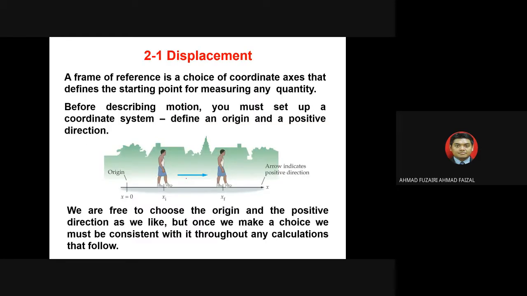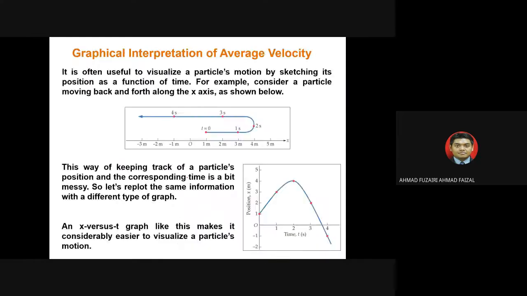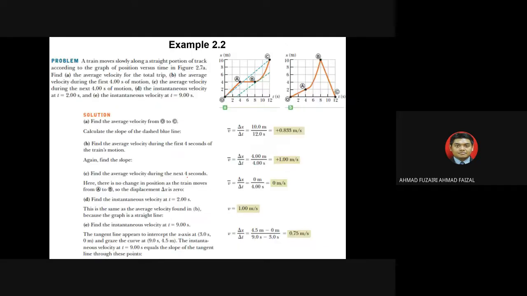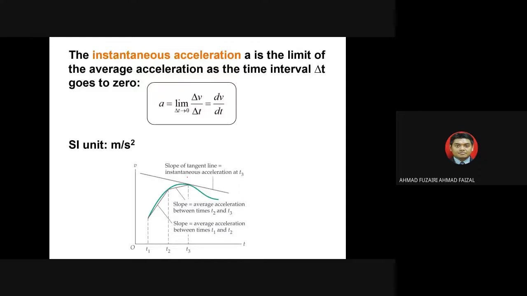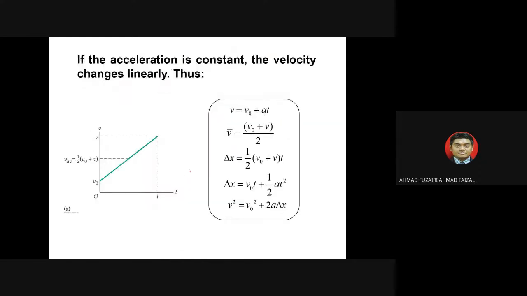What I want to highlight today is the equations. The first is v equals v naught plus at. This is comparable to what you learned in your school days, v equals u plus at. Look at how they represent u.